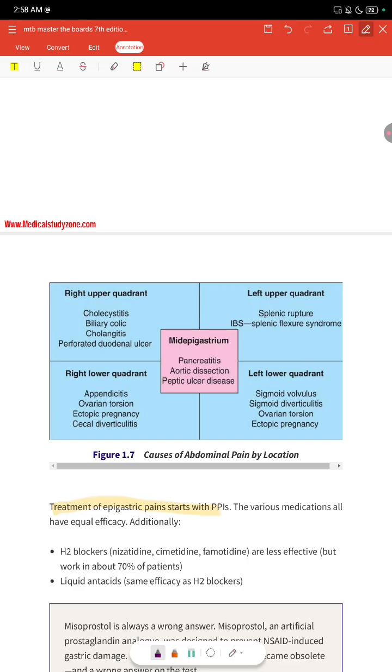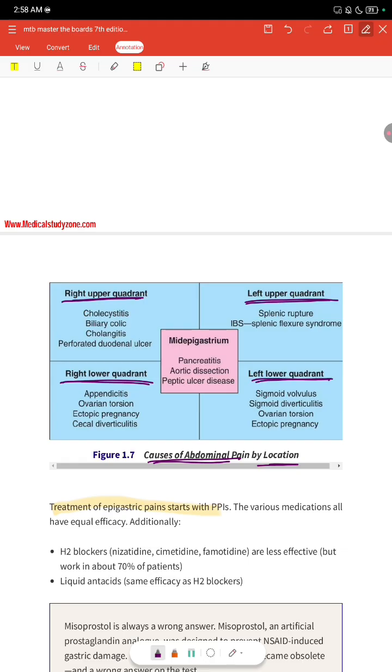So here is the chart which shows the causes of abdominal pain by location. So this is right upper quadrant, and this is left upper quadrant, this is left lower quadrant, this is right lower quadrant. So you divide the entire abdomen in 4 quadrants.